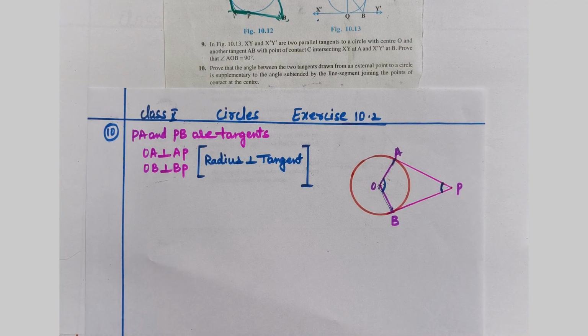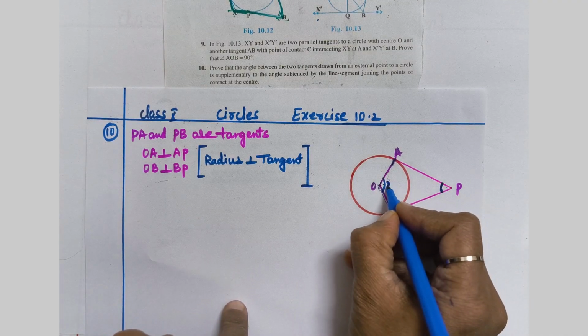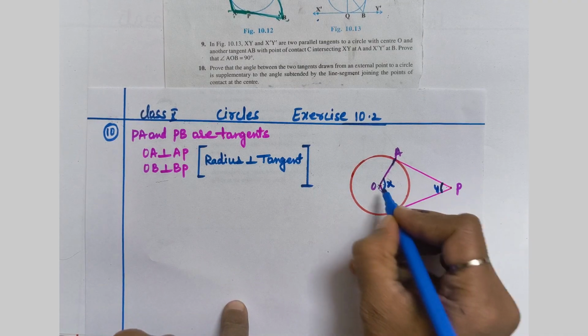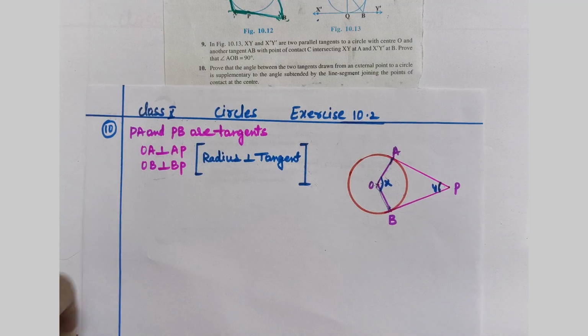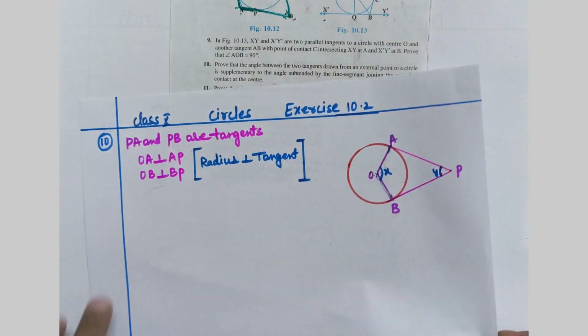Supplementary means how much degree? 180 degrees. So here I am taking x, and this is the y angle. X plus y is equal to 180 degrees. We will prove this. This is the question.